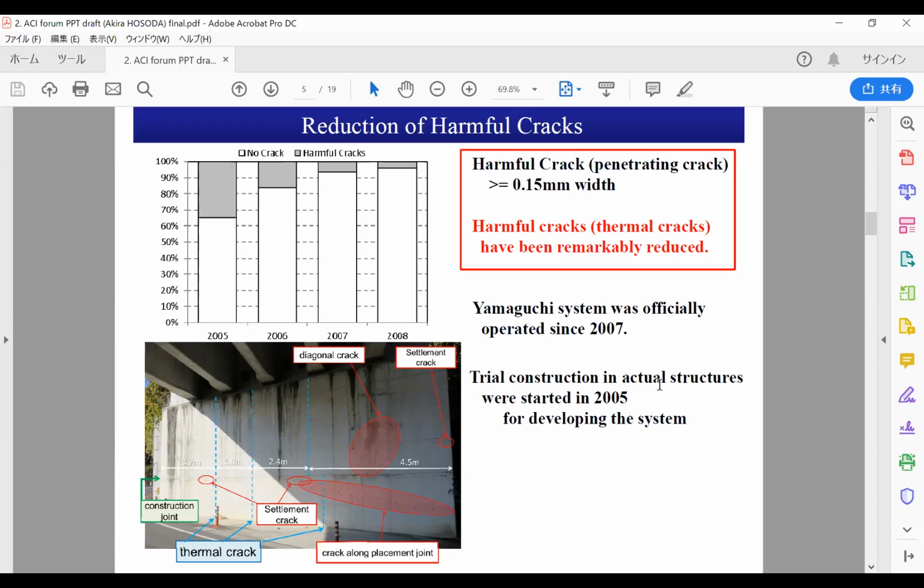A kind of experiment utilizing actual structures was tried, and then finally they developed the system. What kind of crack? I'll tell you later. It's a kind of thermal crack, cracking during construction. Do you know the cause of thermal crack? Can you explain? I'll briefly explain later.